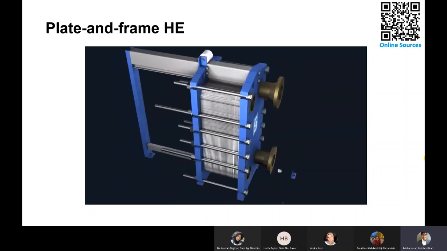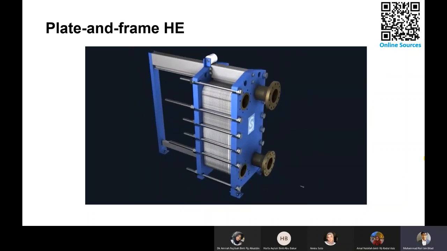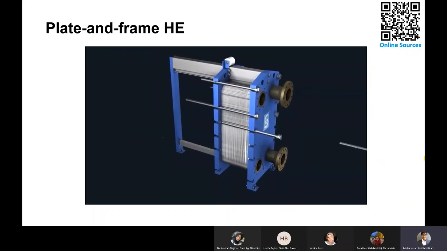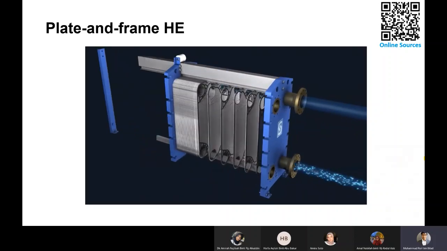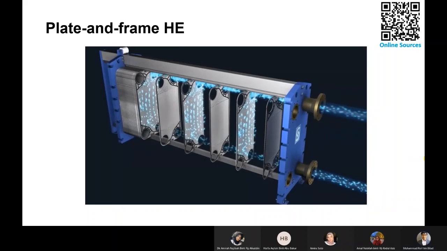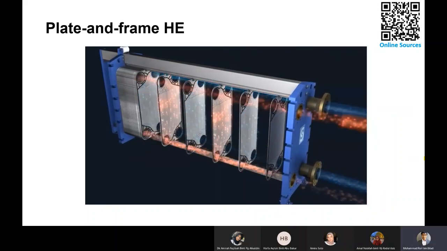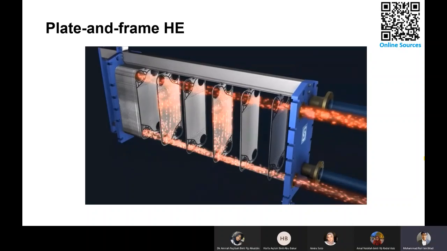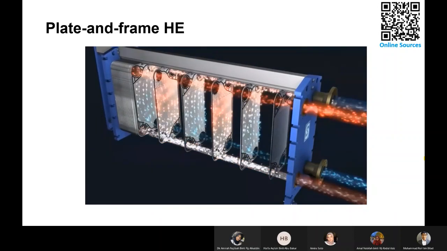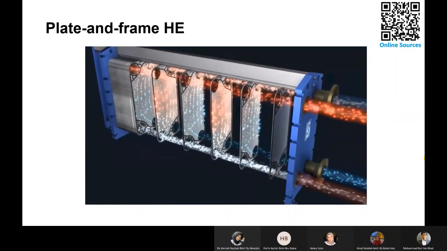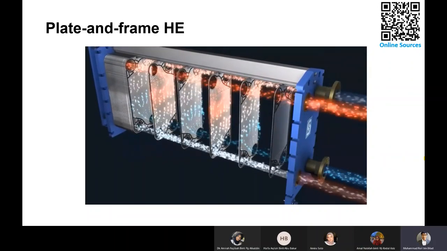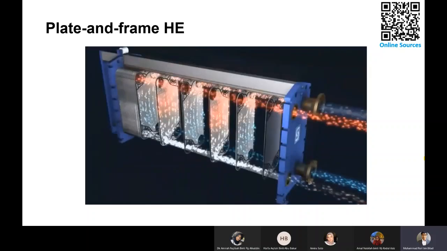It's screwed tightly, and with a lot of thin plates, it will allow us to have a very high heat transfer area. That is the cold fluid coming from the bottom, alternatingly through the plates, and these are the hot fluid. And this is how the flow looks when both hot fluid and cold fluid are flowing.